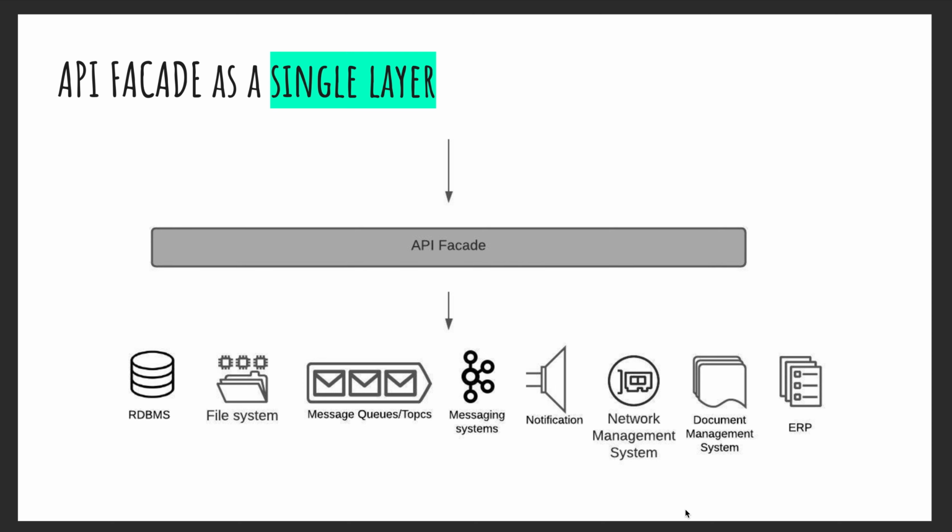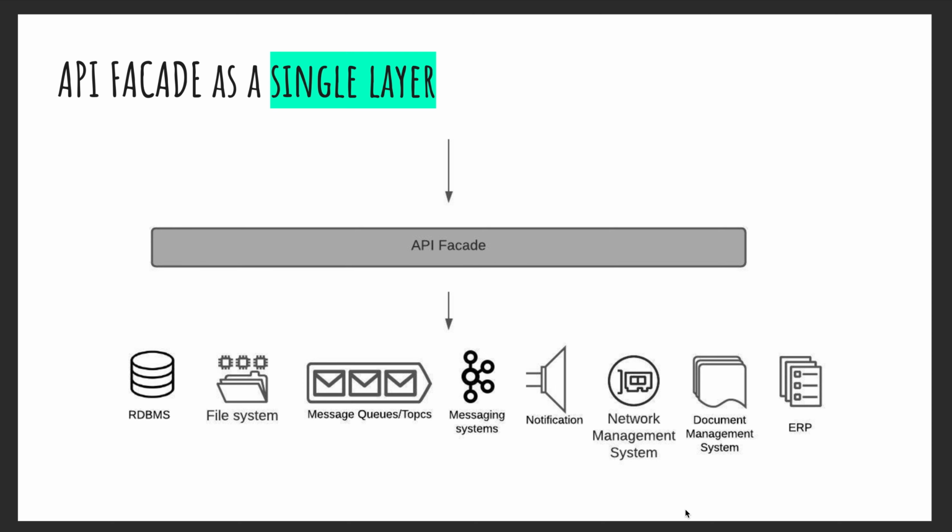API Facade can be realized as a single layer that fronts these different systems, which means API Facade layer will expose a business level API for a consumer application to retrieve important data that sits in these heterogeneous systems.